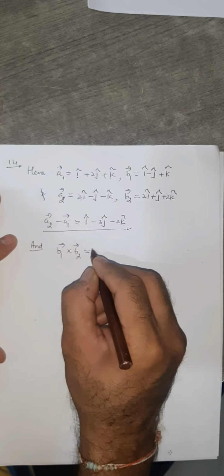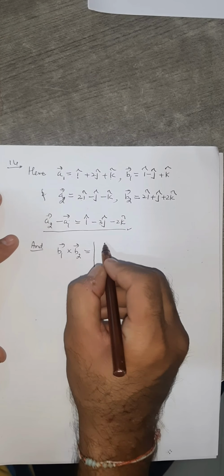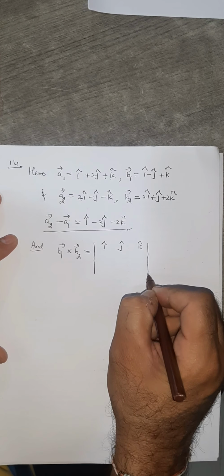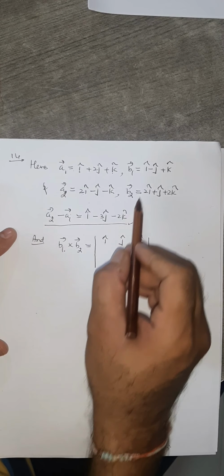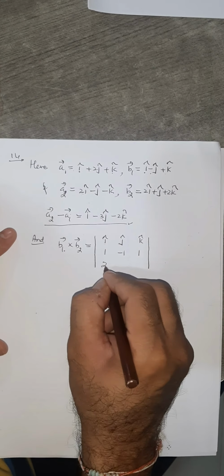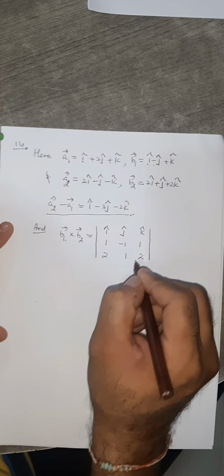You know how to do this. It is just a determinant: i, j, k, components of the first vector 1, minus 1, 1, components of the second vector 2, 1, 2.